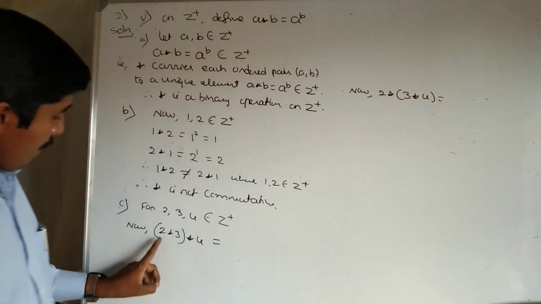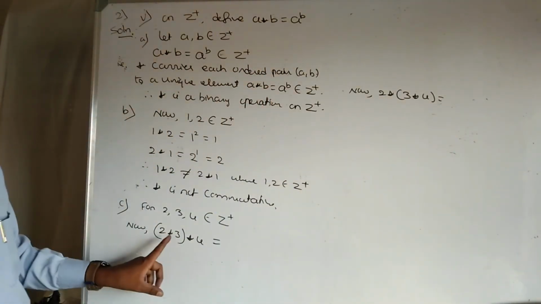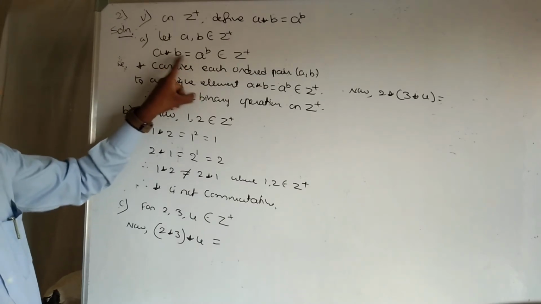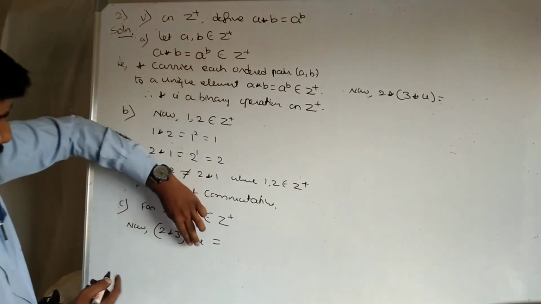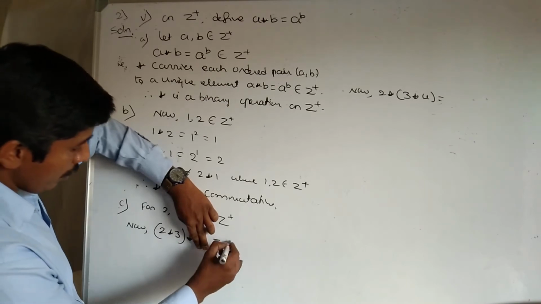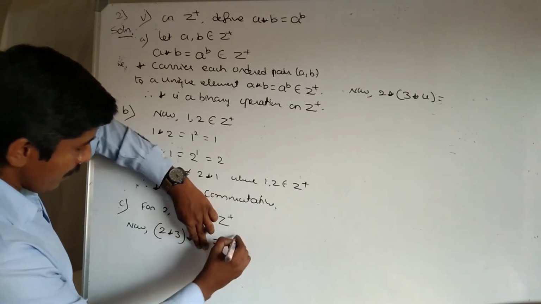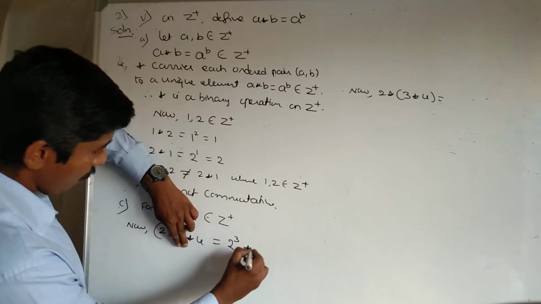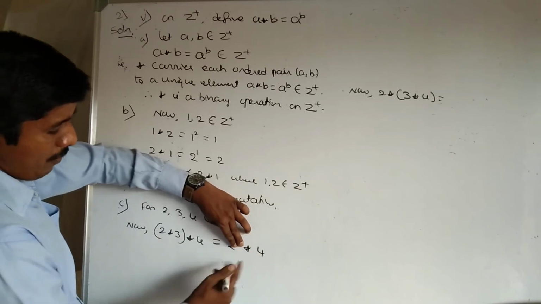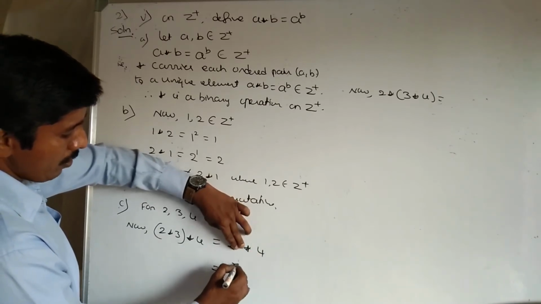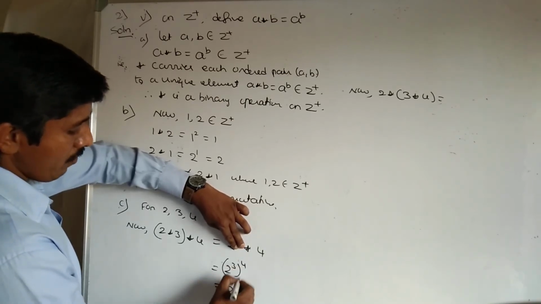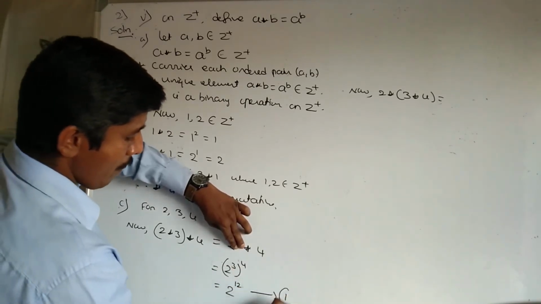The binary operation is defined as A star B equal to the first element A power the second element B, that is, A power B. Within the bracket, 2 star 3 is 2 power the second element 3, that is 2 cube. Then star 4: again, this is A and this is B, so A power B with A equal to 2 cube and B equal to 4. That gives 2 power 3 into 4, which is 2 power 12. Call it equation 1.